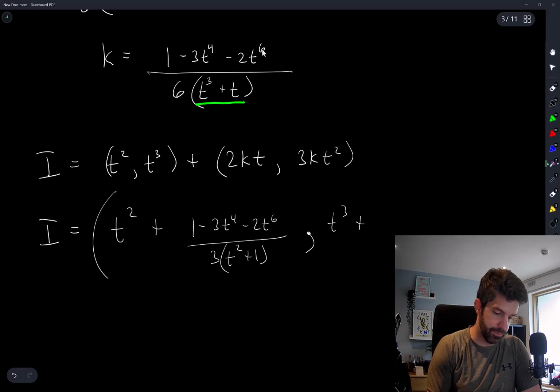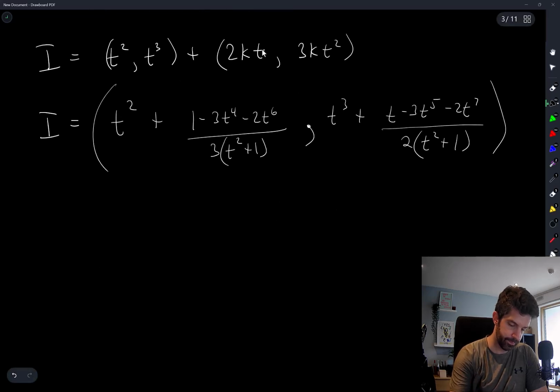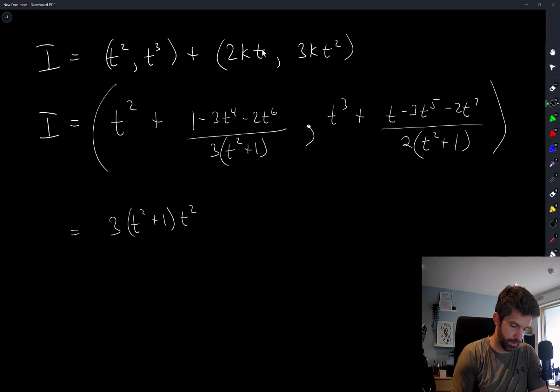I'll cancel 1 power of t there and add 1 power of t to the top. Maybe some stuff simplifies. Okay, so 3t squared plus 1 times t squared.